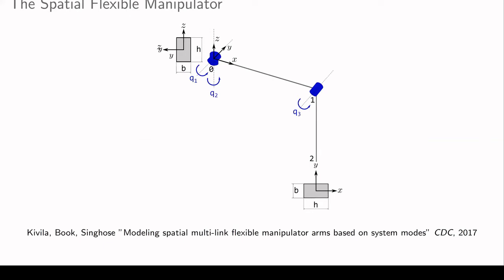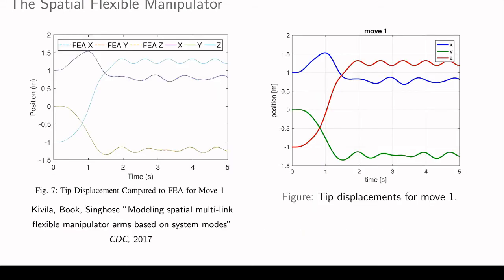Here, just validation examples also on a spatial flexible manipulator, which has been developed at Georgia Tech. This is a simple two-link flexible structure with three joints. And we have replicated the experiments that people at Georgia Tech have developed.